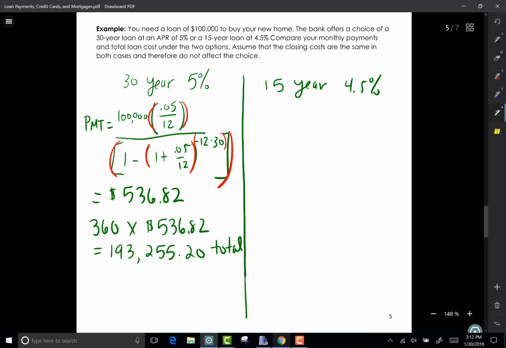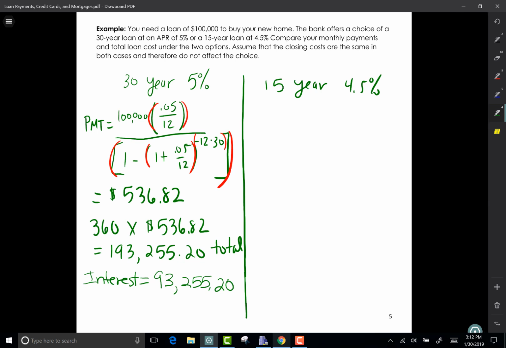So I can find the interest by subtracting the amount of the loan from the total that I'm paying. Since we are taking out $100,000 for the loan, I'm going to pay a total interest of $93,255.20.